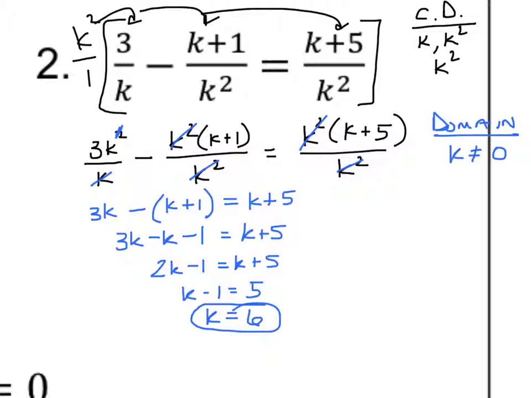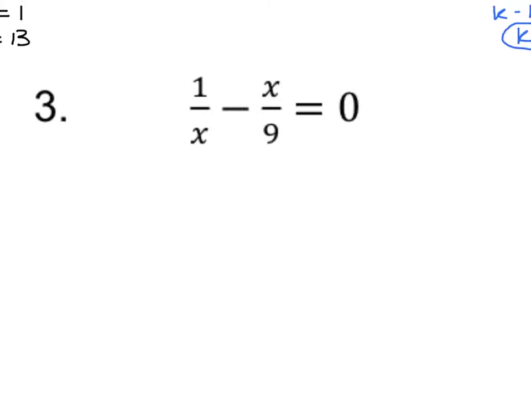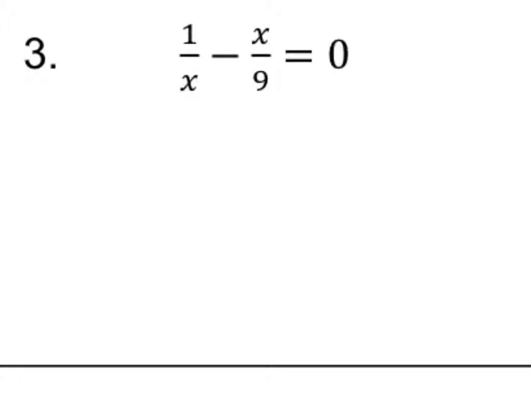All right, let's take a look at the third example now. Okay, third example here. We've got 1 over x minus x over 9 equals 0 this time. So, got to figure out common denominator. Parts in the bottom are x, 9, and if I were to put 0 as a fraction, it'd be over 1. So, my common denominator is 9x.